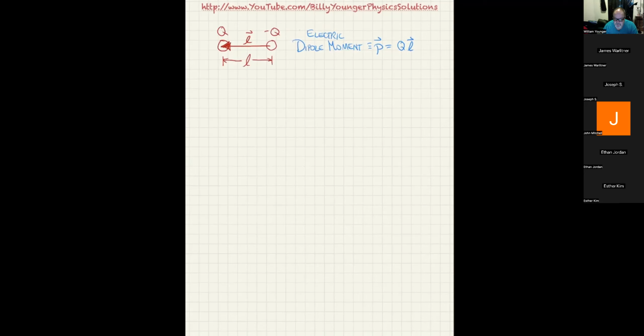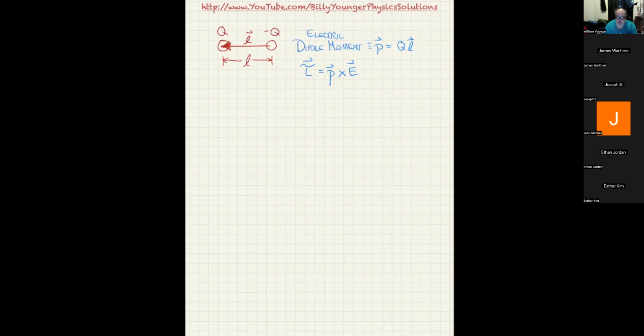So for instance, one of the things we find is that the torque acting on a dipole moment in an electric field turns out to be P cross E. Okay, so if I take the vector P, which is represented by that QL that I just showed you, and I take the cross product of it with the electric field at the location of P, then that will give me the amount of torque that's being applied to the dipole moment.